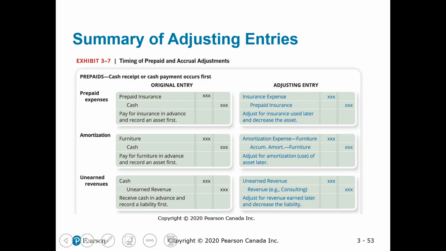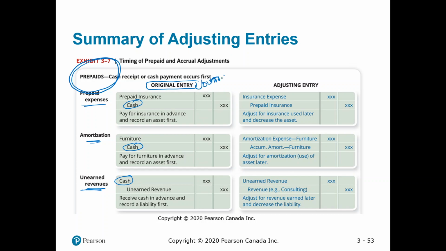The textbook goes through these kind of breakdowns of how adjusting entries work. So when we look at the prepaid category, which is our prepaid expenses, they categorize amortization here and then unearned revenue. So remember, this is where we said the cash always gets paid before the expense is incurred or before the revenue is earned. So this is the original entry, the journal entry that happens sometime during the accounting period.